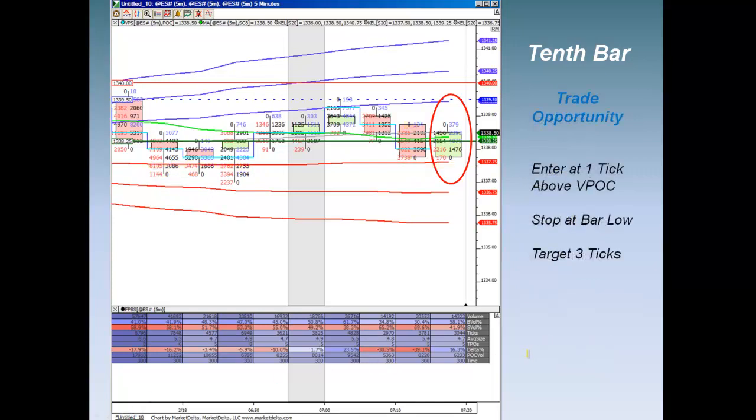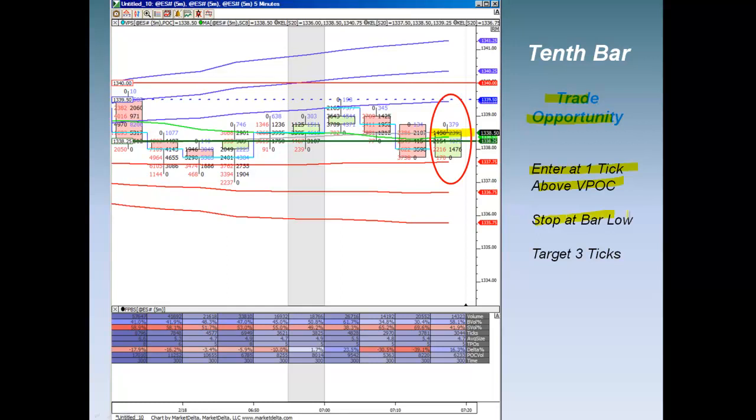All right, naturally, since we've seen this support here, this would be another good trade opportunity for a long, and we're going to follow our rules. We're going to enter at 1 tick above the volume POC right here.